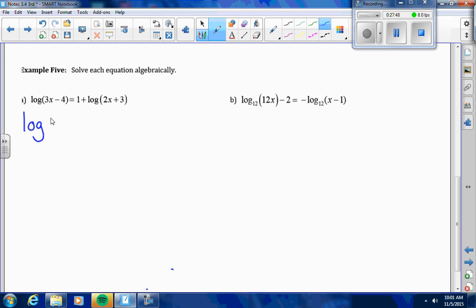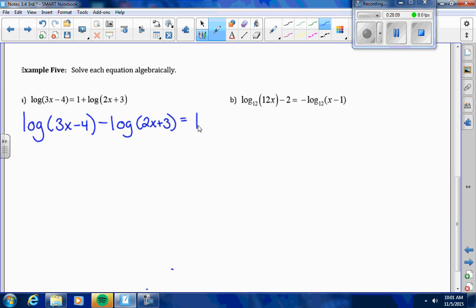So we're going to have log of 3x minus 4 minus the log of 2x plus 3, and that will equal that 1, the one that was already there. Did everybody follow that? All I did was take that one log and subtract it to the other side.